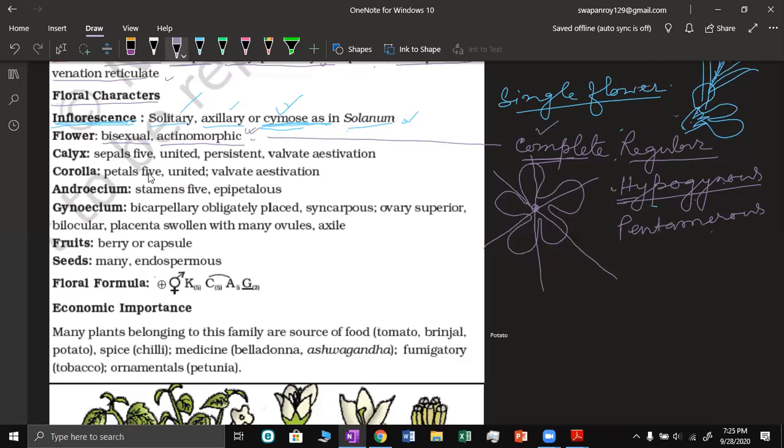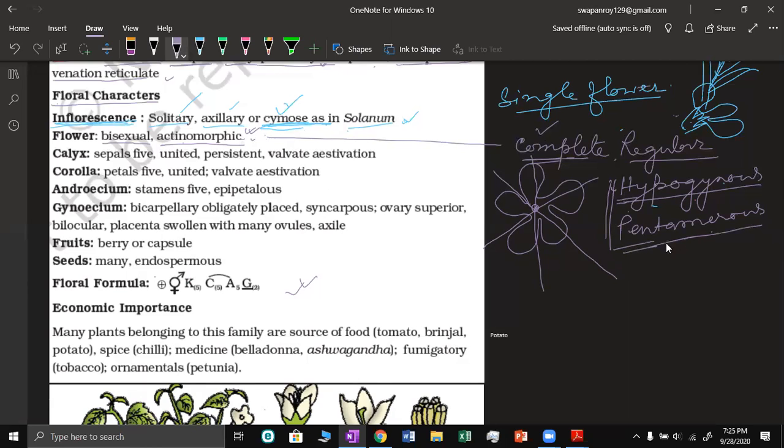So in the flower, along with this, you write this description, which you will get from your book. This page is from the NCERT book. All right. So along with this, you can write directly in your book that flower is complete, flower is regular. These two points at least you include, hypogynous and pentamerous.